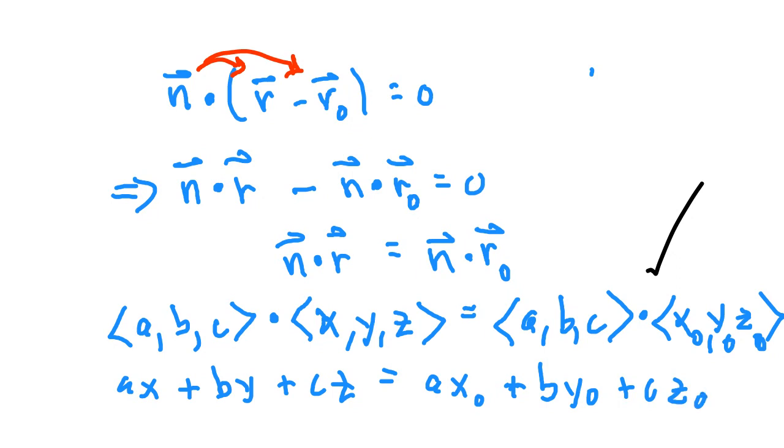And you see how this is going to yield A times x minus x sub 0 plus B times y minus y sub 0. Hold on. Let me make sure here.